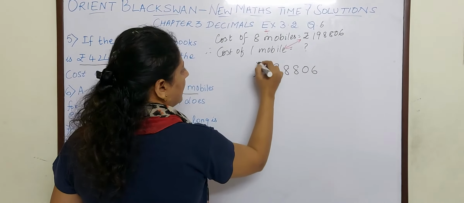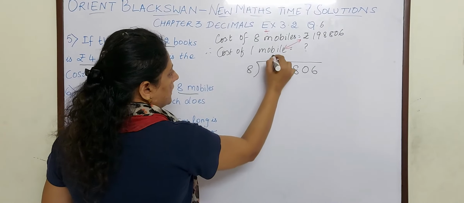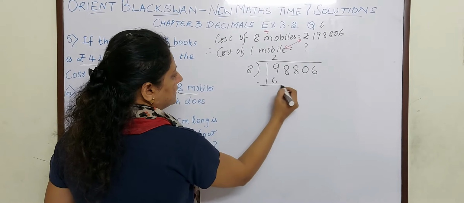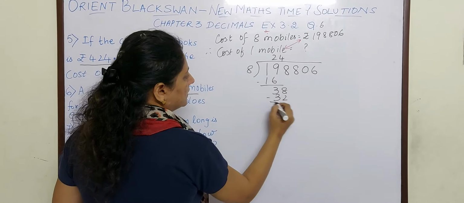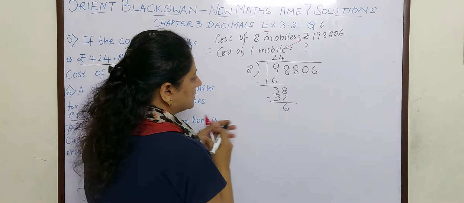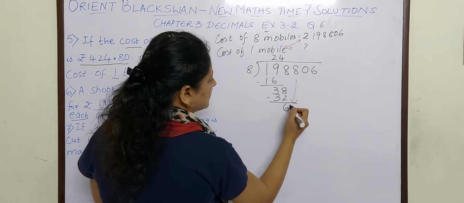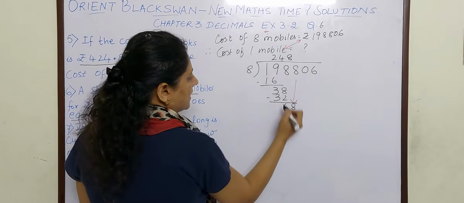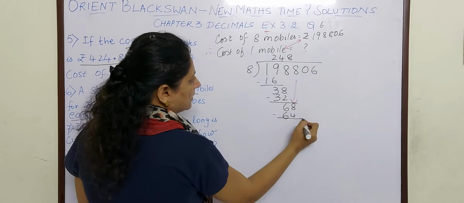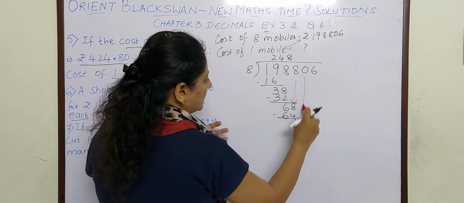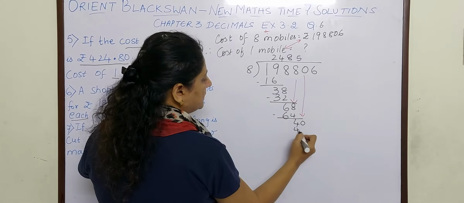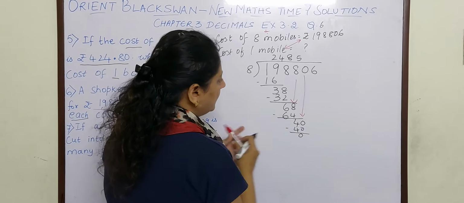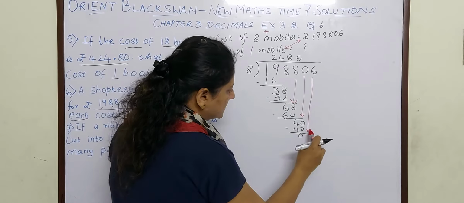198,806 divided by 8. So 8 2s are 16, 38, 8 4s are 32, 8 minus 2, 6, then I will bring down this 8, 68, 8 8s are 64 and then I will be bringing down this 0, 40, 8 5s are 40 and then last I will be bringing down this 6.